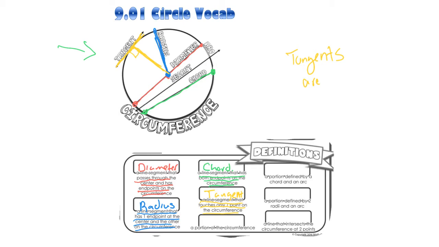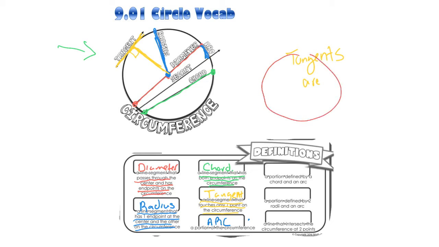So I erased some stuff just because I want to be able to draw more. So if you have to go back, you can. So next up is a portion of the circle's circumference. This is called an arc. And I think it's easier to draw if I make it a little bigger.